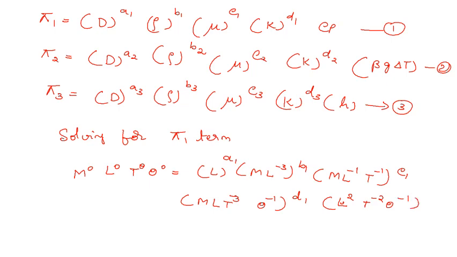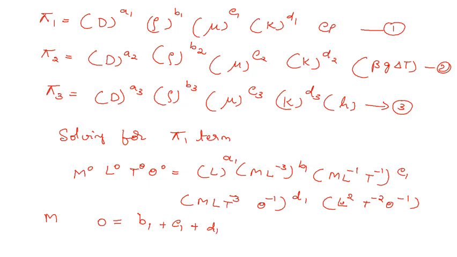Now equating for M. If we equate M on both sides, on the left hand side we have 0, and on the right a1 has no terms. For b1 I have b1 plus c1 plus d1.